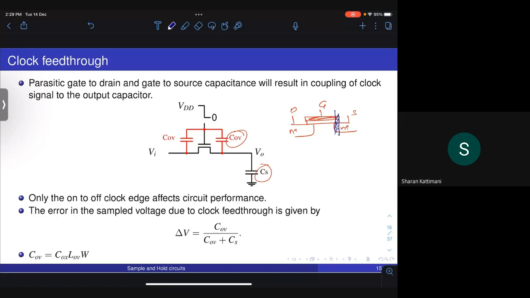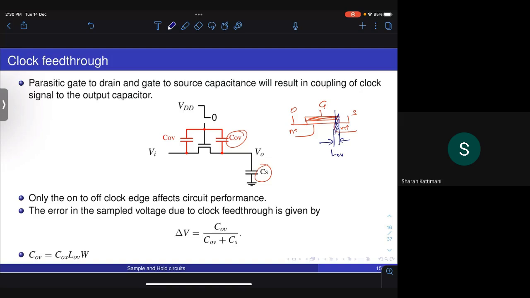This overlap capacitance is given by the capacitance per unit area COX, the length of the overlap, which is this length here, times the width of the transistor. So the wider the transistor you use, the more overlap capacitance you will have.